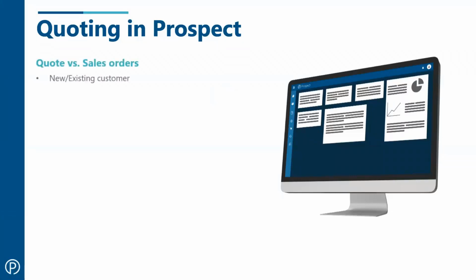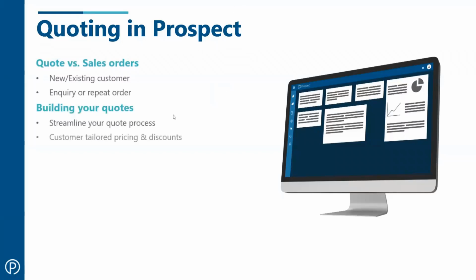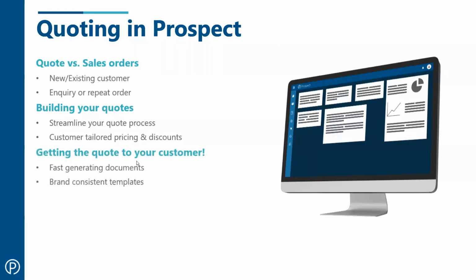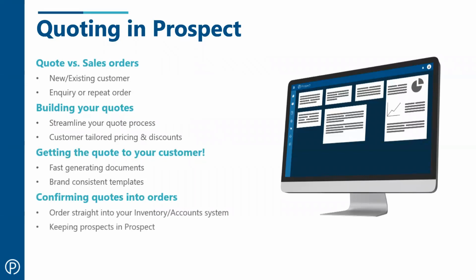We're going to touch on the difference between a quote and a sales order. We're going to have a look at building some quotes. We're going to focus on sending the quotes to your customers. And lastly, confirming orders into your ERP system.